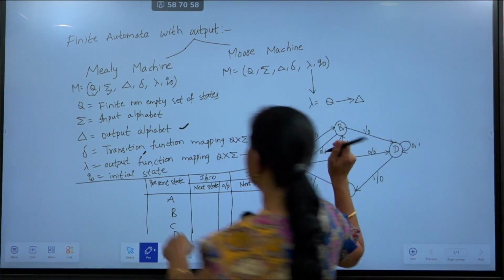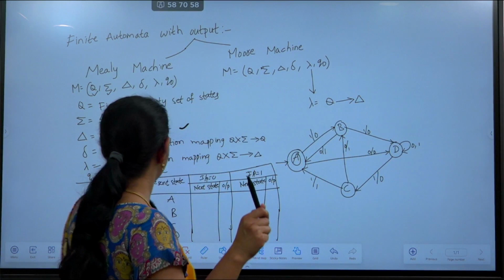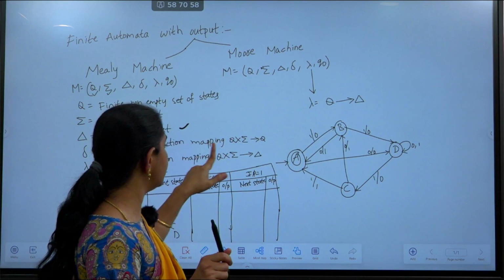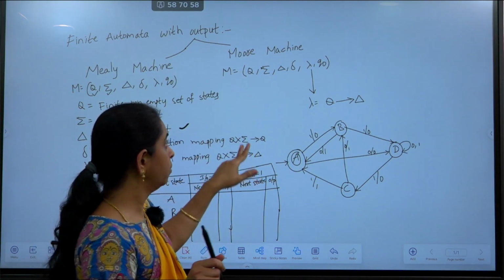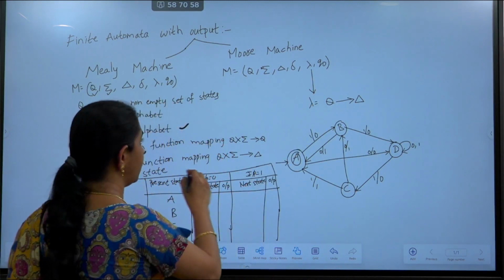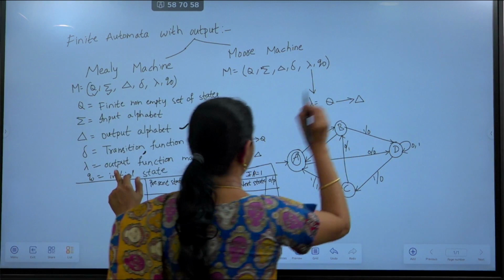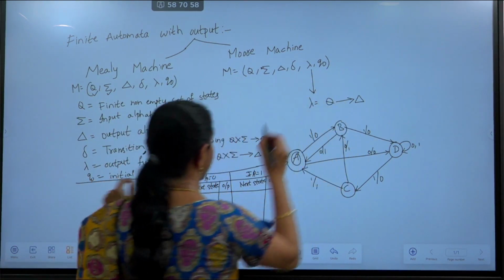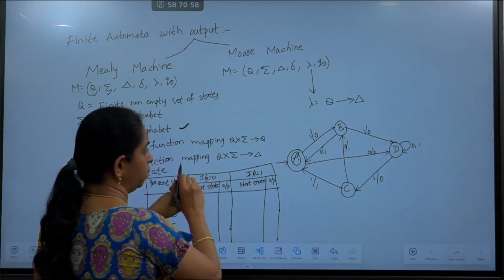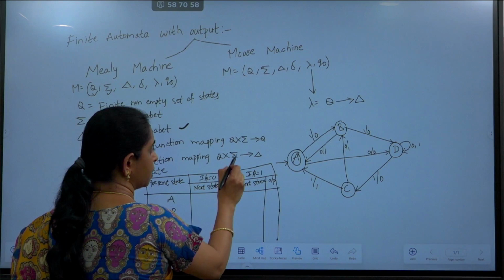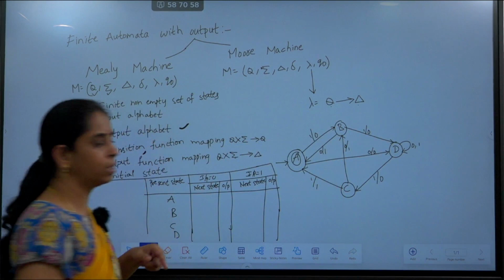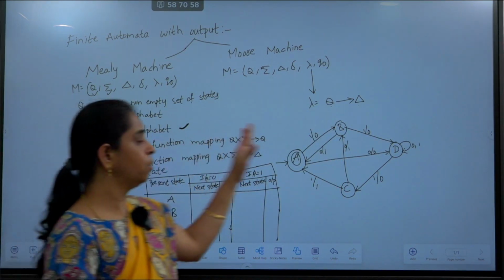In the Mealy machine, the output depends on the present state and the present input. In the Moore machine, the output depends only on the present state. That means Q derives delta, so it depends only on the present state. That is the only difference between the Mealy machine and the Moore machine.